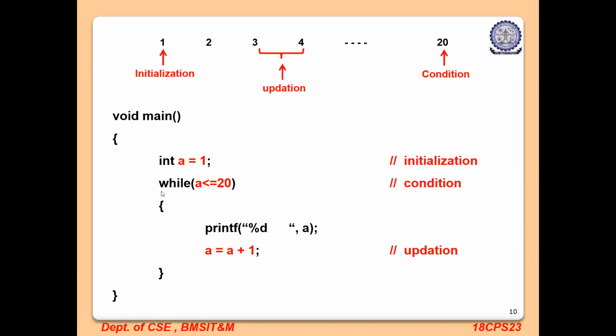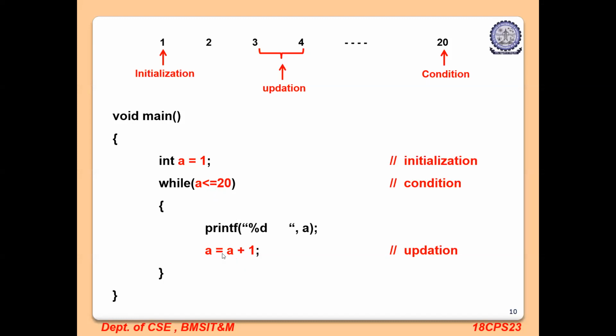Now remember, this is a unique type of statement in C, which we call a looping construct or a repetitive statement. It goes on executing the body of the while until this condition evaluates to false. Once it evaluates to false, the control comes out of this while loop.